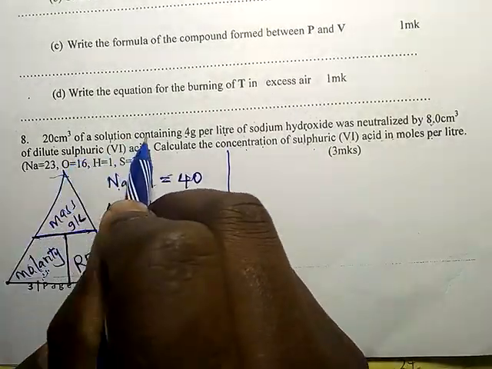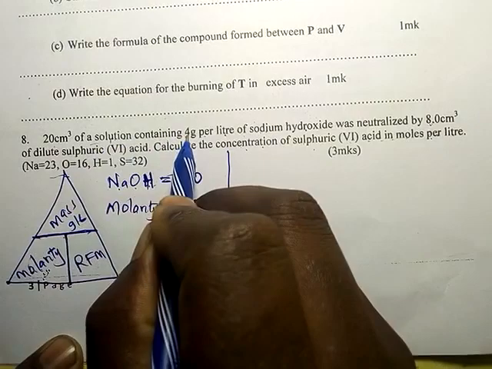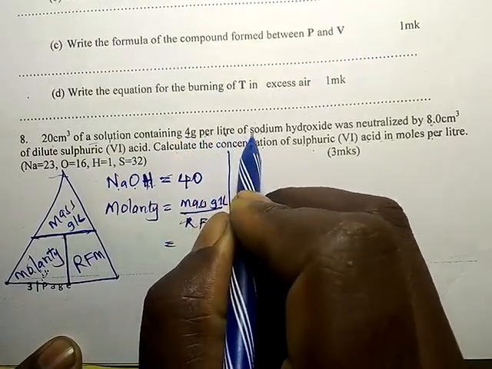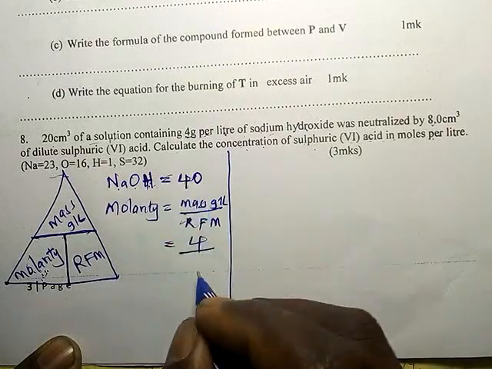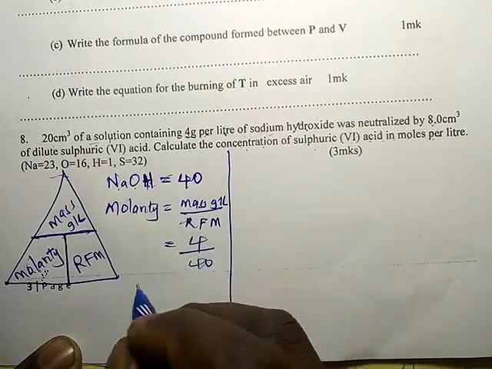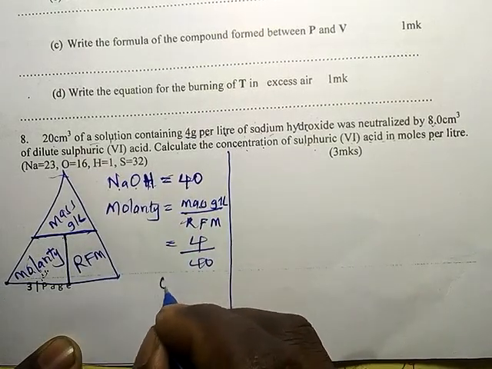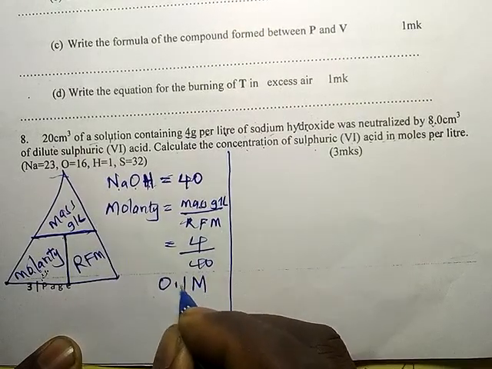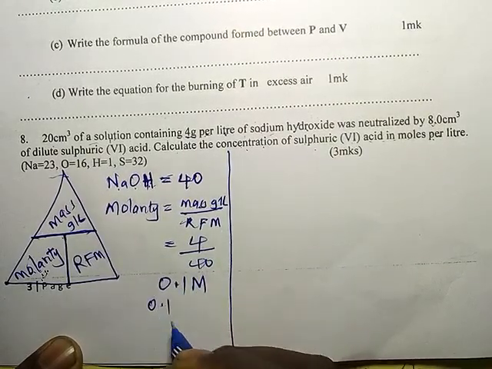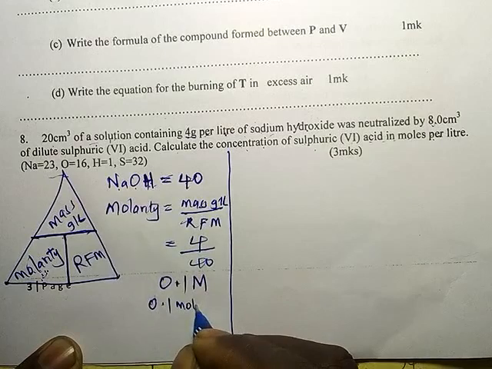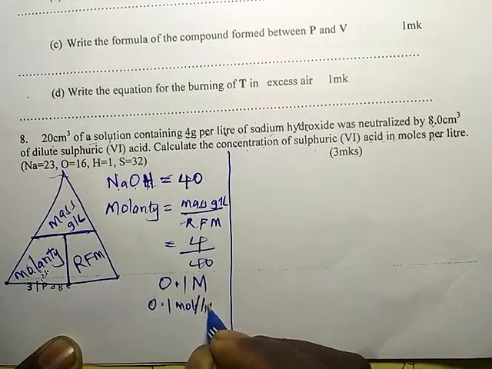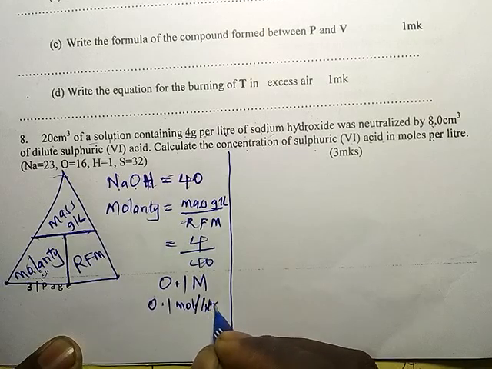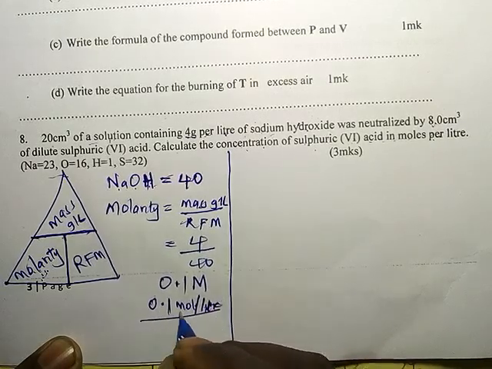Now we were given the solution containing 4 grams per liter sodium hydroxide. So we have 4 divided by the RFM, which is 40. So the molarity of sodium hydroxide is 0.1 capital M, or 0.1 mole per liter.